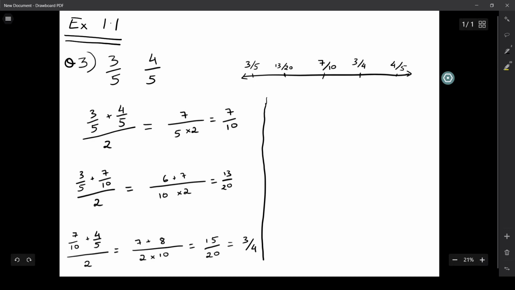I'm just going to use this space out here. So let's take out the midpoint between 3 by 4 and 4 by 5. This will be our 4th number.